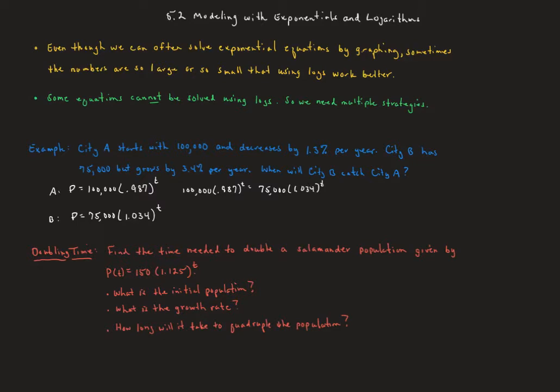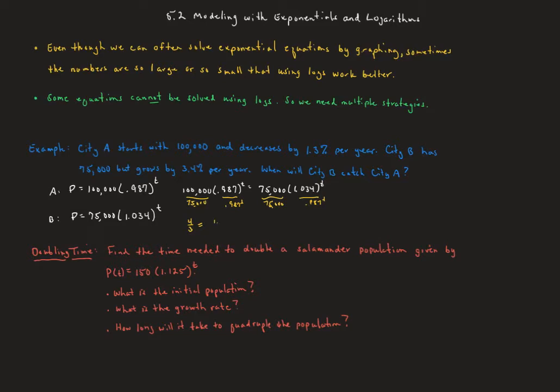We can divide by the 75,000 on both sides. 100 divided by 75 is 4/3, so I'm going to leave it as 4/3 for now. And then we can divide this 0.987 to the t to the other side.